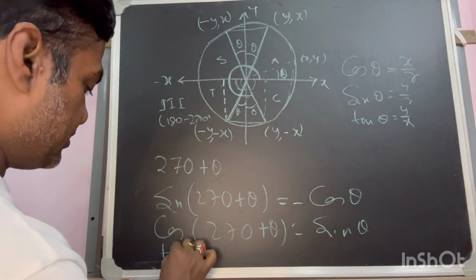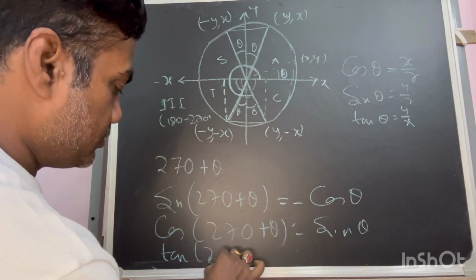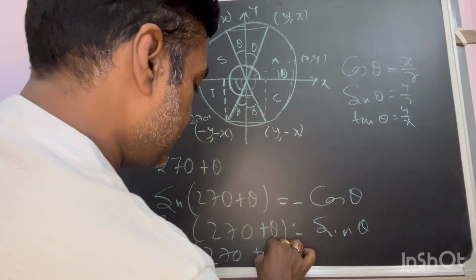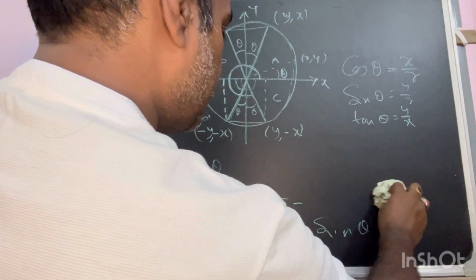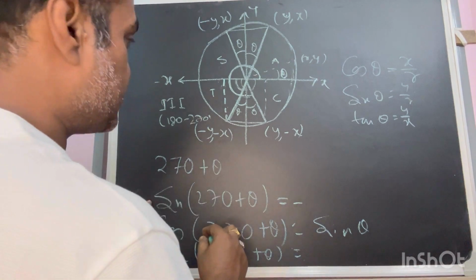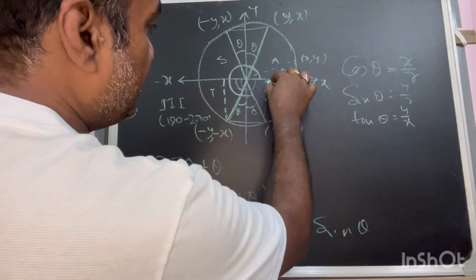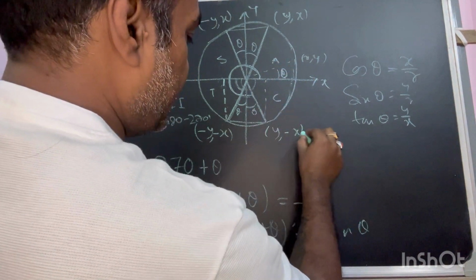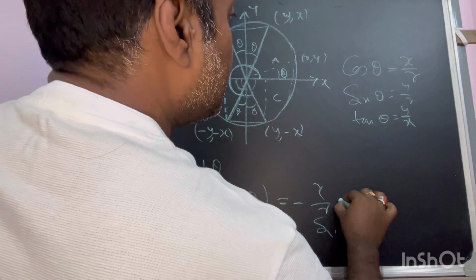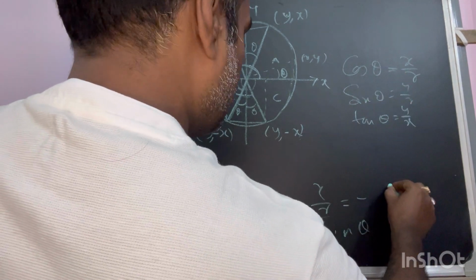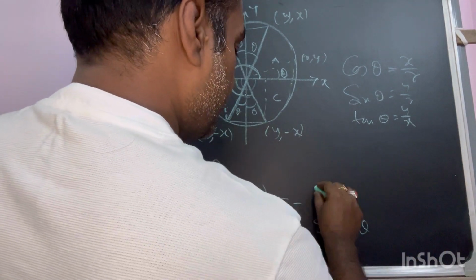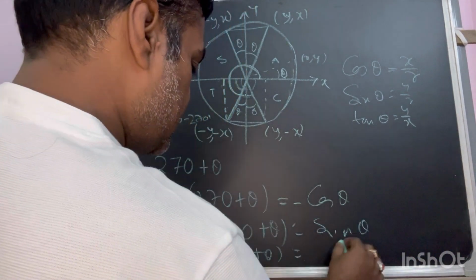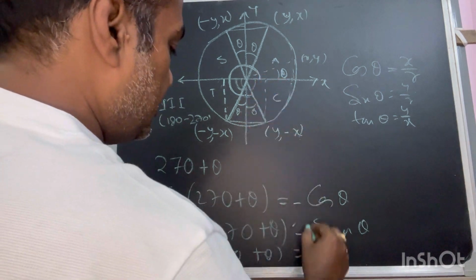Now if I take tan of 270 plus theta, that is equal to, so let me explain it. If you have confused, sine of this is equal to this one, minus x by r is equal to minus cos theta. So there it will become minus cos theta by sin theta. Tan theta is equal to what?